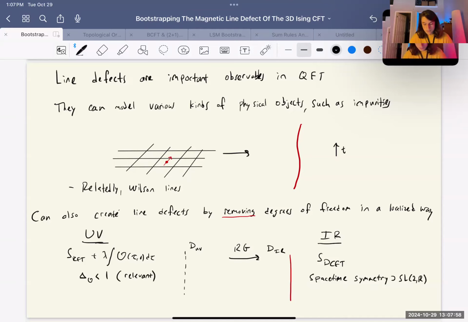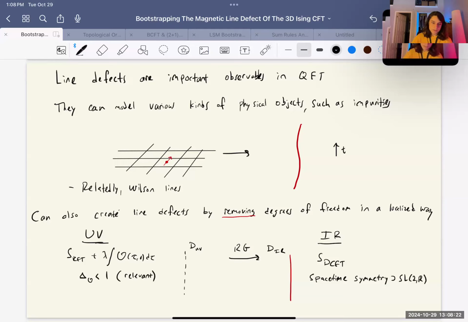So this kind of process sounded like adding some degrees of freedom. We're taking a bulk system and then adding something new and asking what happens then. But we can also talk about removing degrees of freedom, and for this you can think about doing some kind of RG process.